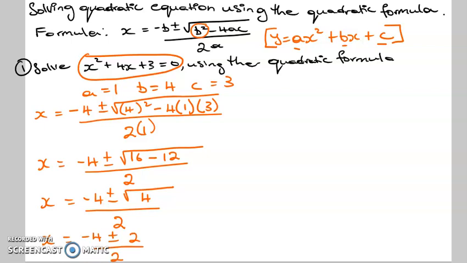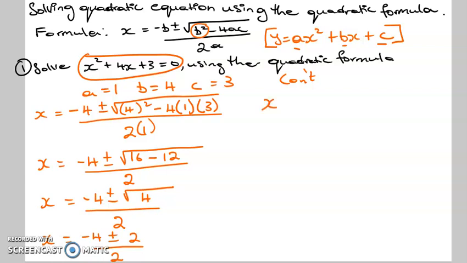Now when you get to this stage, you'll have to split them. That is why we have the plus or minus. It's a quadratic equation. Quadratic equations will produce two values.